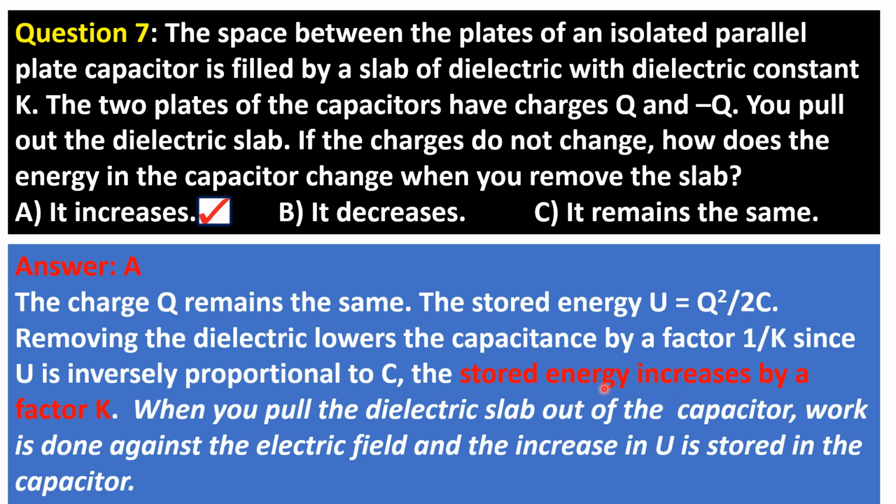Stored energy, capital U, increases by a factor K at constant Q. So our answer, as shown, is letter A. The energy stored increases, in fact, by a factor K.